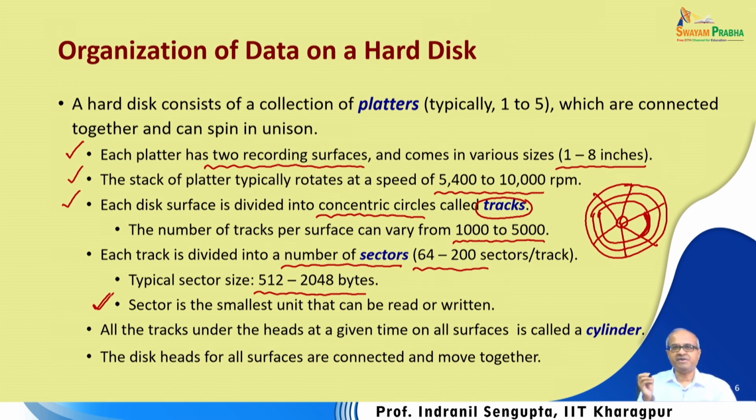All the tracks with the same track number are under the heads at a given time, because the read write heads all move together, there is one read write head per surface. At a time, the read write head is sitting on top of one particular track on all the surfaces. Let us say track number 10. So, all the track number 10s taken together is called a cylinder.